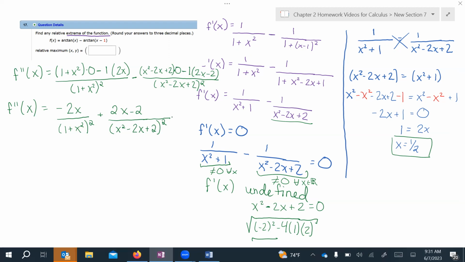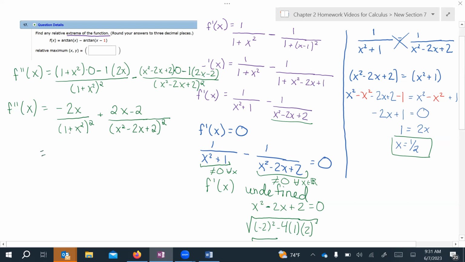However, we didn't do that. The reason that would be nice is because you'd have a single numerator and a single denominator, and you could see the sign of each of those to determine the sign of the second derivative. We really only have one value that we're testing though, so I don't know that that's a huge thing for us. So the denominator, that is always going to be positive.